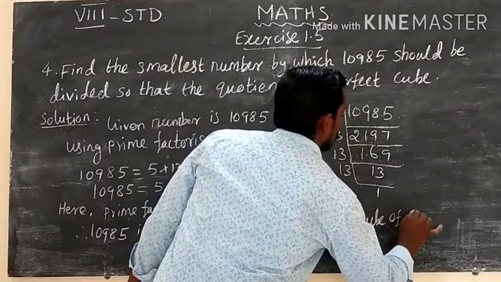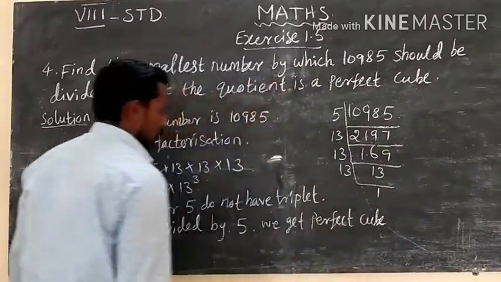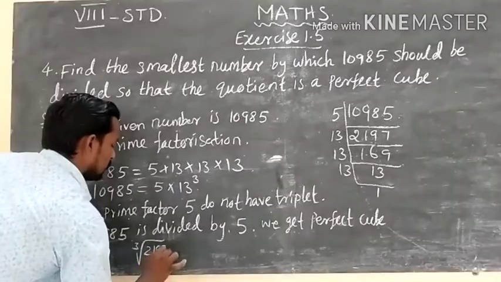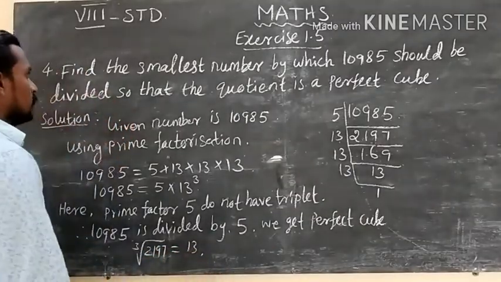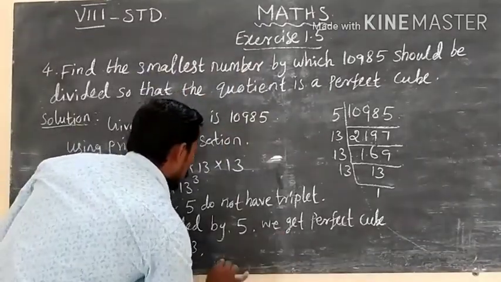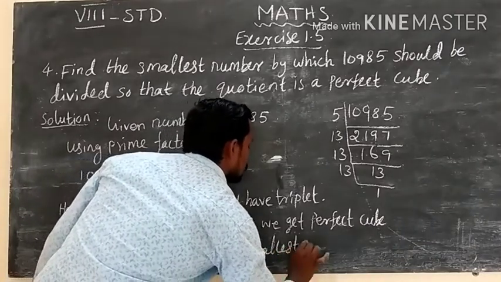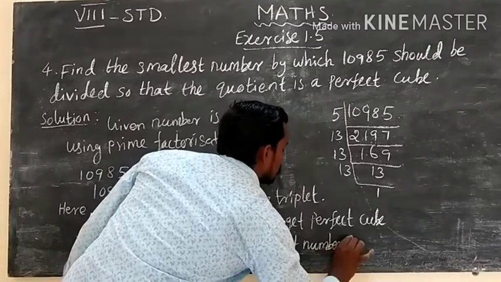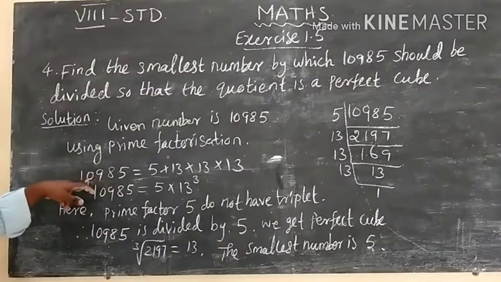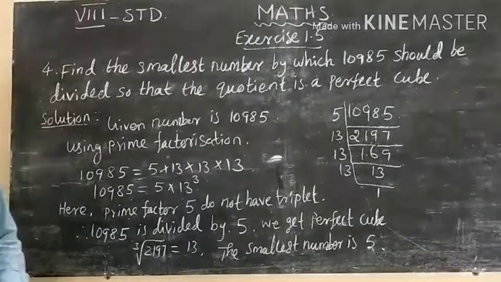Therefore the cube root of 2,197 is equal to 13. Therefore the smallest number is 5, because when 10,985 is divided by 5 we get a perfect cube number. Okay, that's all for this question.